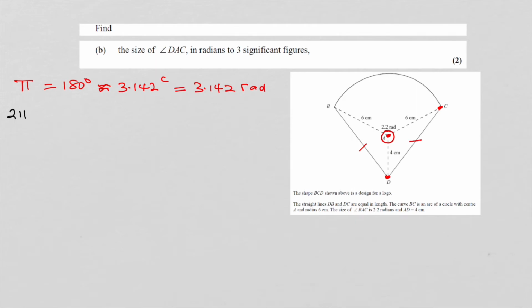So 2 pi equals 360 degrees, roughly 2 times 3.142 radians.